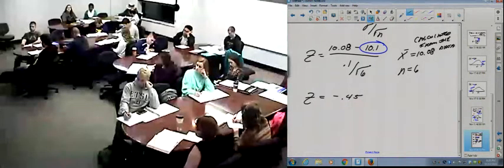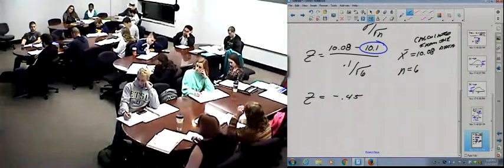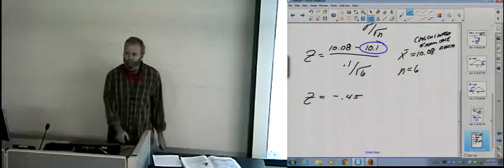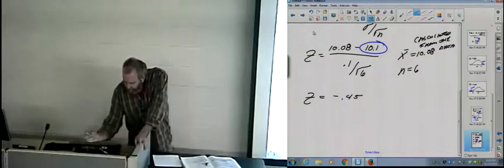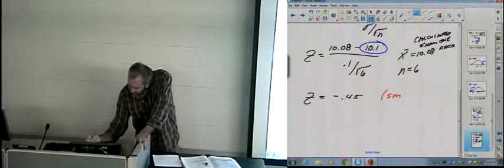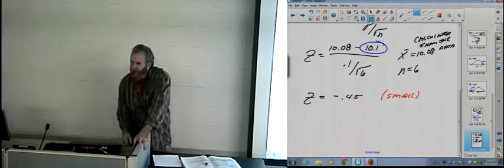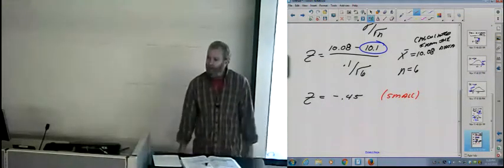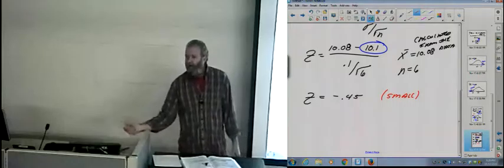Oh, it seems reasonable. Okay. Let me ask you that. Is this a large or a small one? Oh, this is small. Look, the only reason I ask you that is if all of a sudden you turn around and you get a p-value of 0.001, you screwed something up somewhere. Because we're expecting a large p-value here, right?